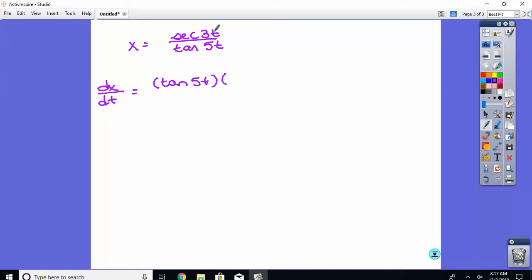D high, so derivative of the top. Derivative of secant is secant tangent, and we keep the 3t. Then we have to do the chain rule there. The derivative of 3t is 3. So there's low d high minus high d low.